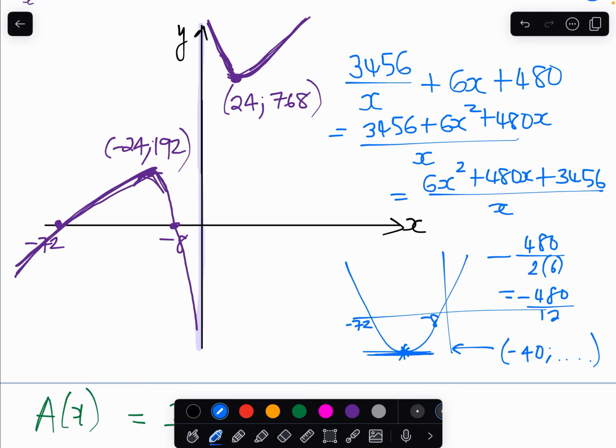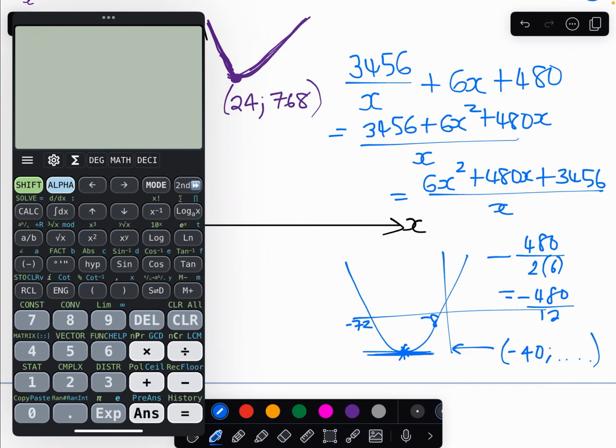So if we are looking for which y values don't get output, we know that the minimum value, we have to figure out what the minimum value actually is for that parabola. It would be 6 times negative 40 squared plus 480 times negative 40 plus 3456.